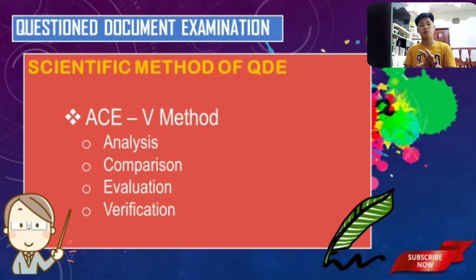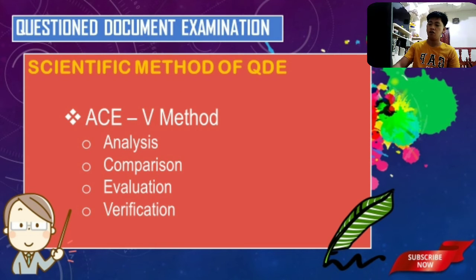As long as you have satisfied the process of verification, wherein you reassess whether the comparison and the conclusion that you made is indeed correct, and the evaluation that you made on the document or the result of the findings of question document examination is indeed correct. So that's under the verification process.